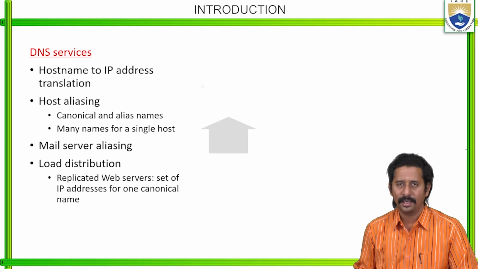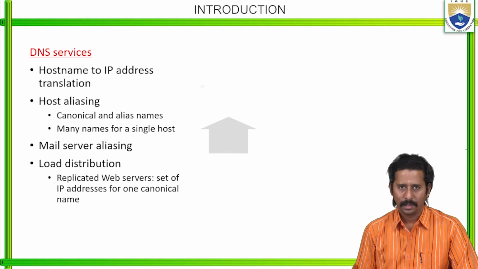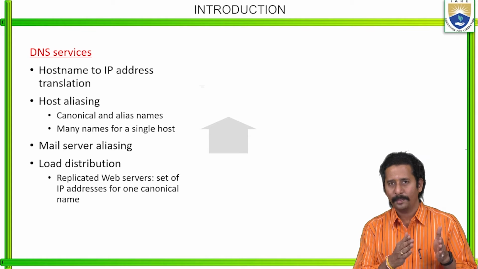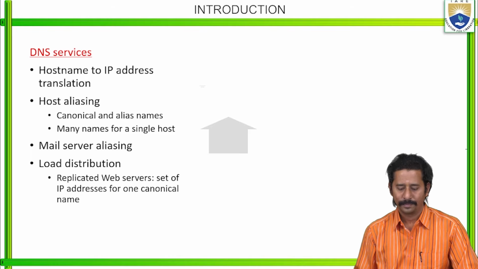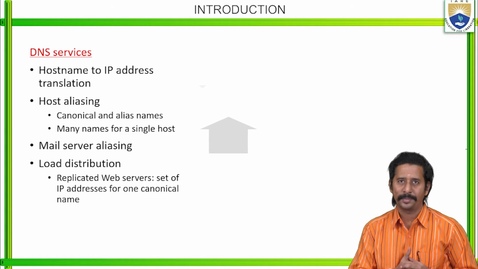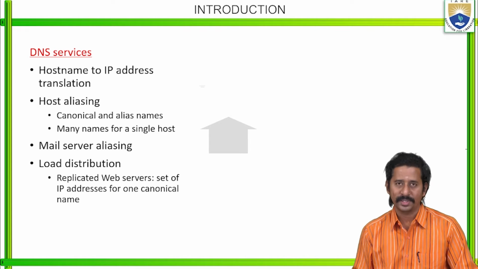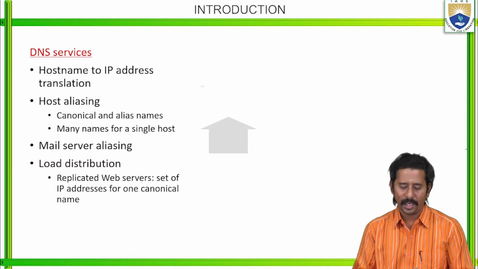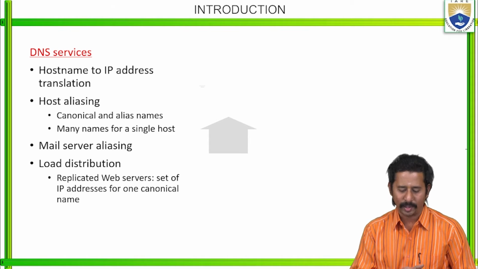Based upon these DNS services, we can easily explain the working of DNS. For example, if you want to go to a website like www.iare.ac.in, first you open your web browser and type in the domain name of that website.